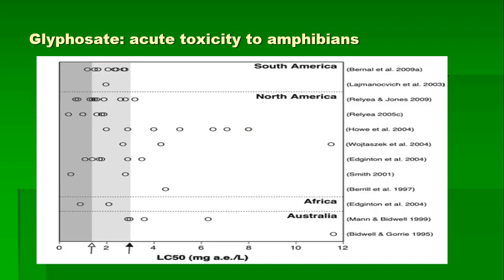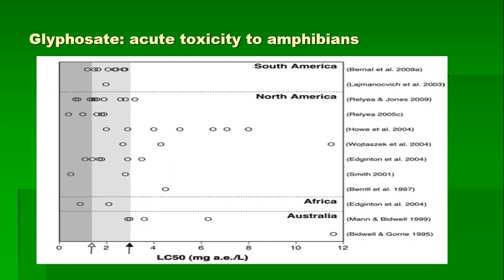On this slide, we see the LC50 for larval amphibians or tadpoles, for glyphosate-based herbicides that contain the surfactant I just mentioned. Each circle represents an individual test on a different amphibian species, and the arrows indicate a worst-case scenario concentration that could be achieved on a direct application on a wetland or a pond, or you name it.